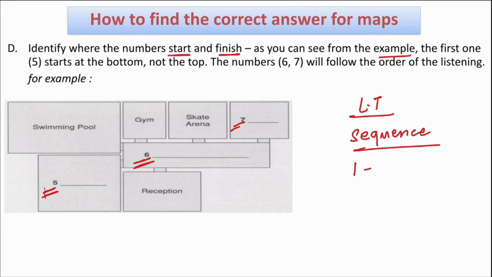Like if it is given from 1 to 5, it will be in sequence. So here, if it is from 5 to 7, it will also be in sequence. But if the 5th question is at the bottom, it can be that the 7th question will be at the top. Or if it is given till 10th question, the 10th question will be at the top. So this can happen in the map. You need to follow that sequence, but questions can come from top to bottom or bottom to top.